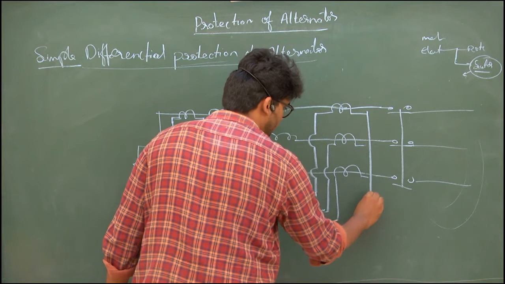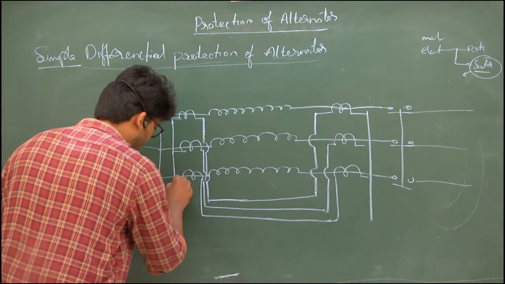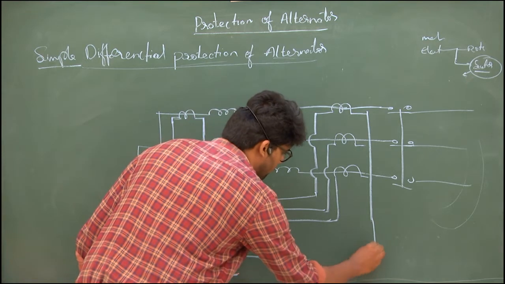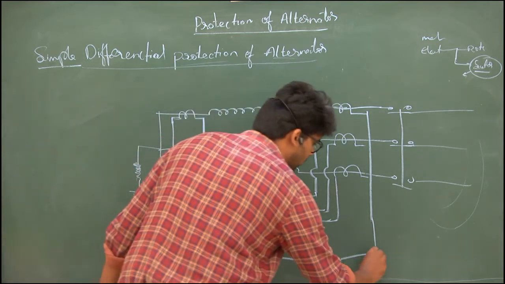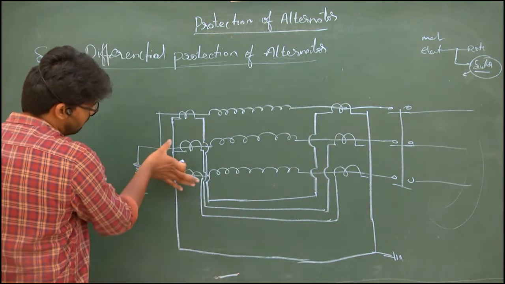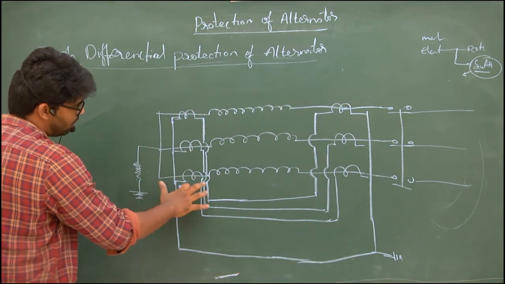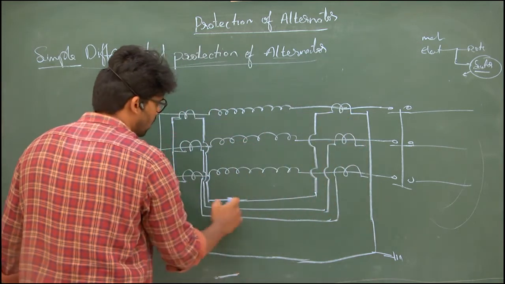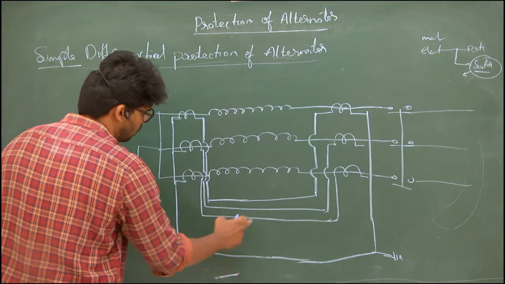This is the grounded neutral, we'll keep it like this. So if you see, the CTs are connected in star, but this CT and this CT will be in the form of a closed loop.